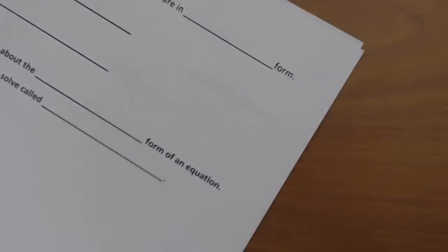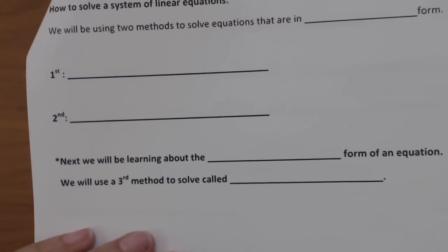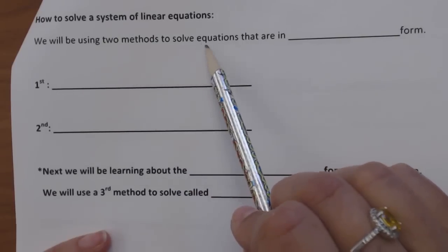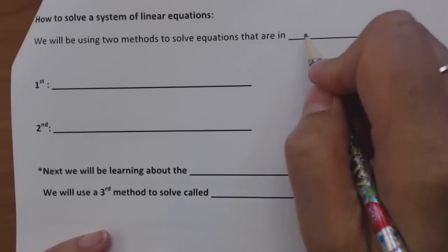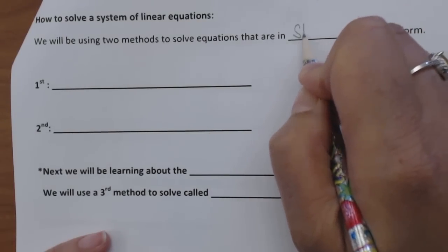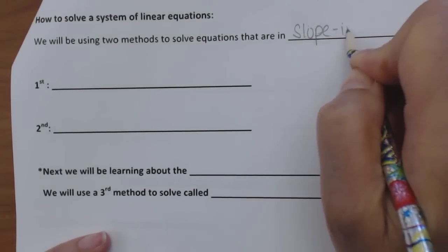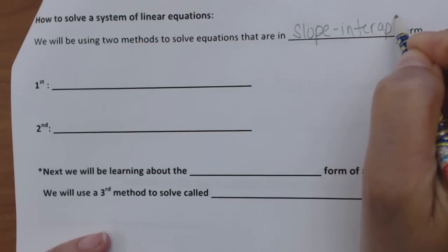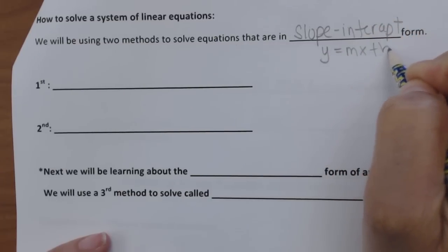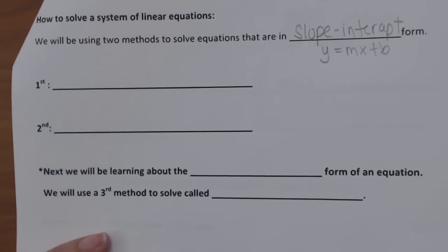So those are the 3 types of solutions. Now there's different ways to actually go about solving, and that's where we're going to go next. We'll be using 2 methods to solve equations that are in slope-intercept form. And remember, slope-intercept form is y equals mx plus b. So can you please write that below, slope-intercept, the words.